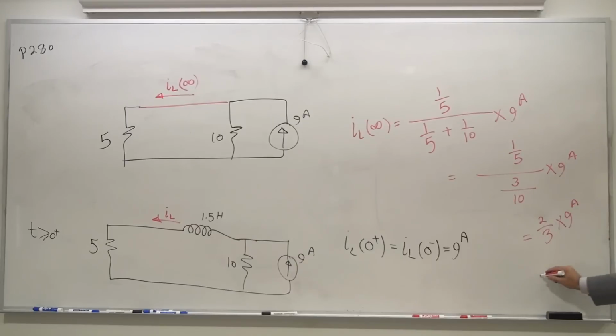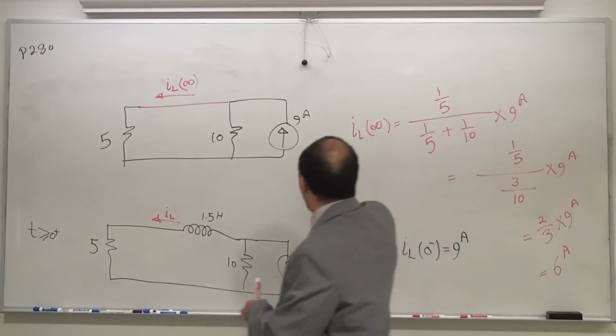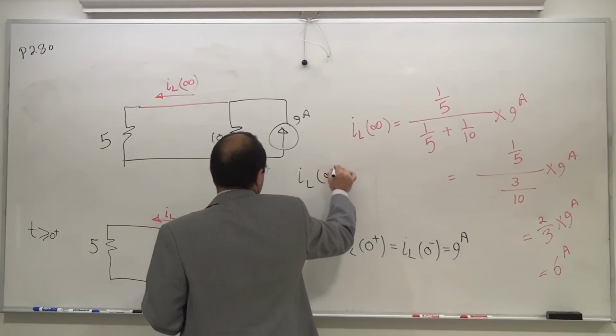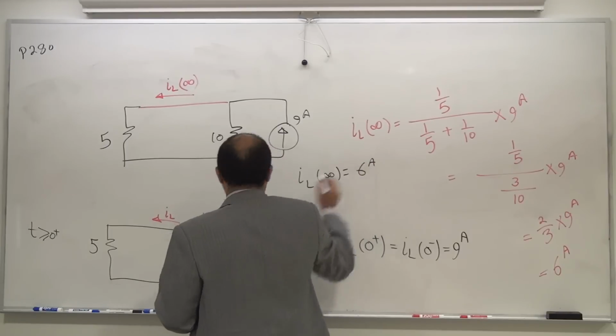Hopefully I haven't made any mistakes. 9 divided by 3 times 2, that's 6 amp. You've got yourself IL of infinity, 6 amp.